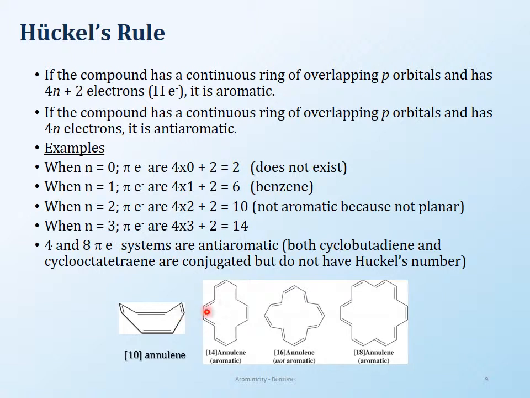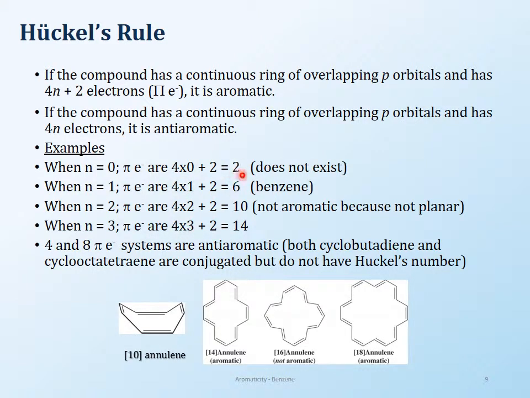Here are some of the other aromatic compounds which follow Hückel's number. 6, of course, I have not drawn here because you already know the structure of benzene. And then here is 14, 16, and 18. 16 is not a Hückel's number. All these numbers are separated by 4, obviously because you are multiplying by 4 over here for each integer.